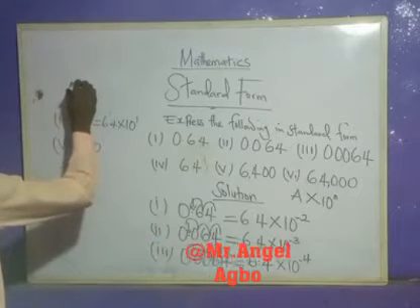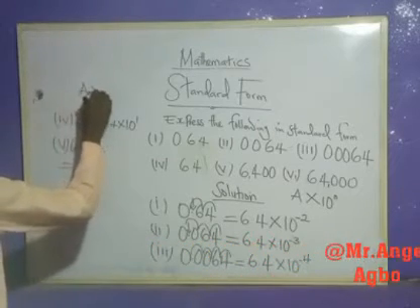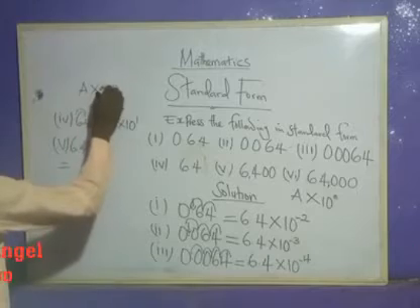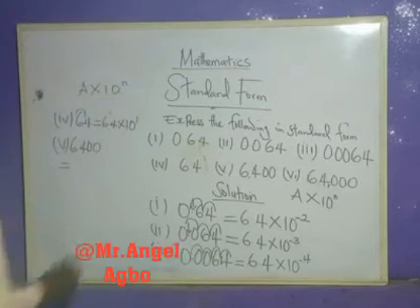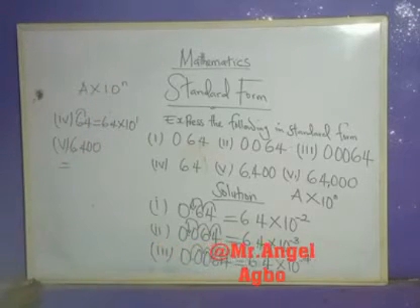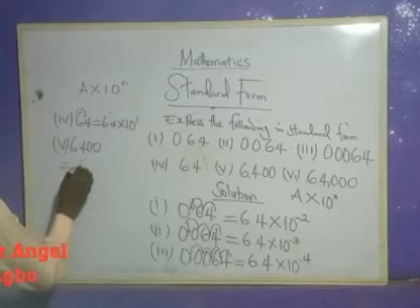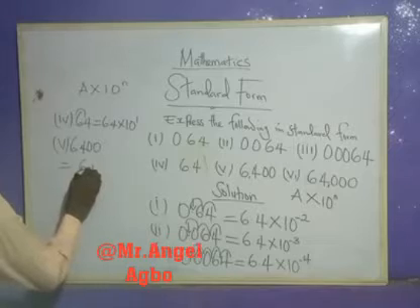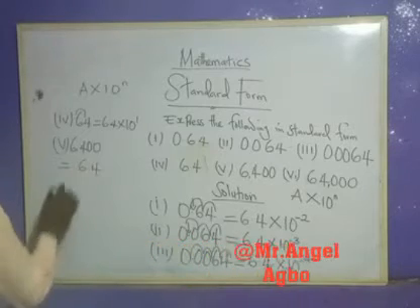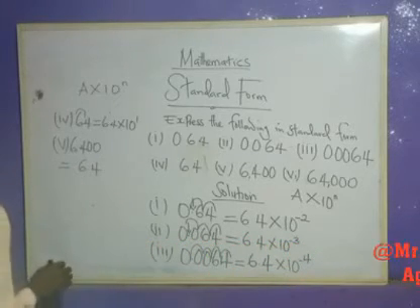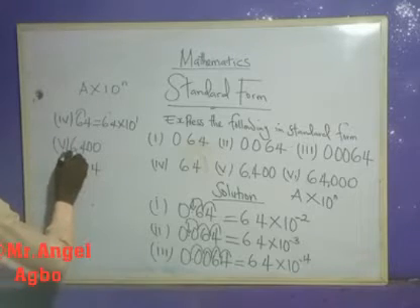Remember, the expression is A times 10 raised to the power n. You can start by writing 6.4 rather, meaning that your decimal point is here.